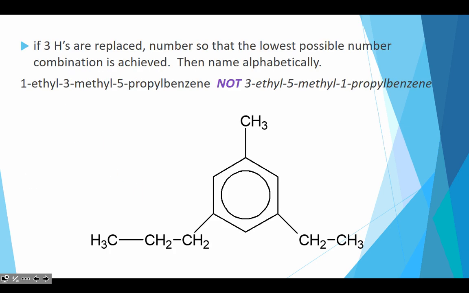So if 3 hydrogens are replaced, number so that the lowest possible number combination is achieved, then name alphabetically. So this is 1-ethyl 3-methyl 5-propylbenzene, not 3-ethyl 5-methyl 1-propylbenzene. If you add 1 plus 3 is 4 plus 5 is 9.